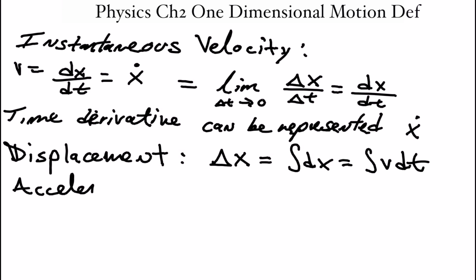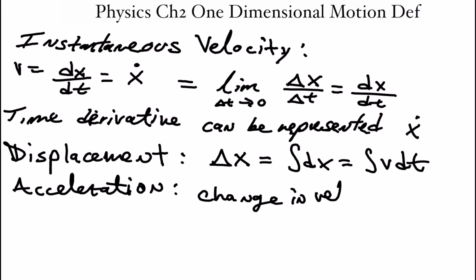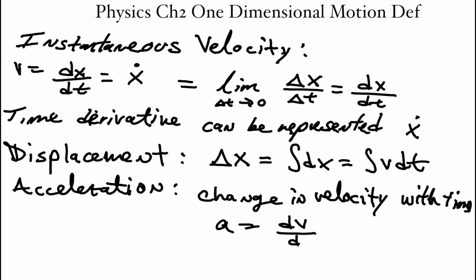Acceleration is just a change in velocity with respect to time. So we can write that as a equals dv over dt, equals, we can also write it as a second derivative of position.